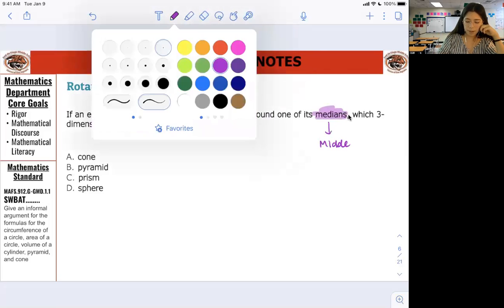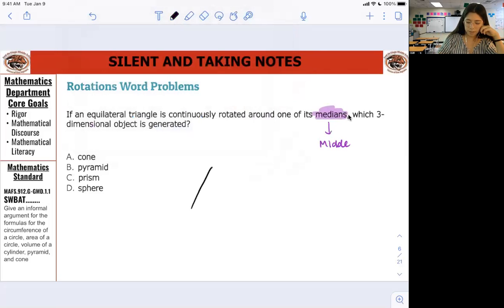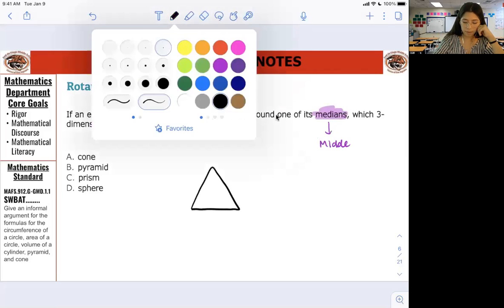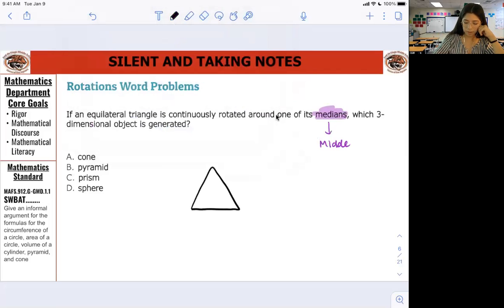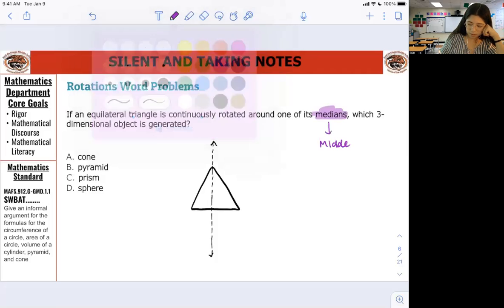So you have this triangle, it's equilateral, so it probably looks something like this. And it's being rotated about the middle. So here's the middle. This guy's going to go around and around and around, and that's going to create a cone.